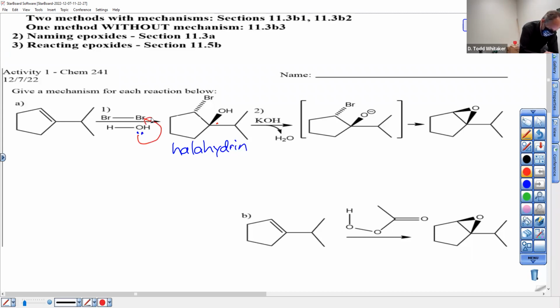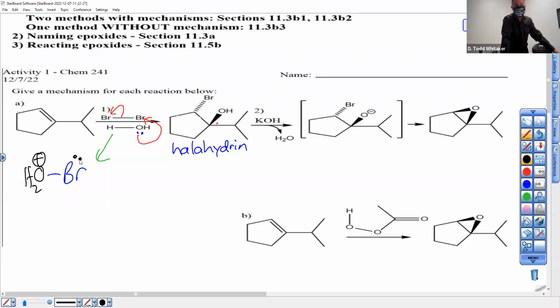The water reacts with the bromine because the bromine was stored in water. There's bromine with a leaving group on it. We can say these words now. We didn't use those words before.